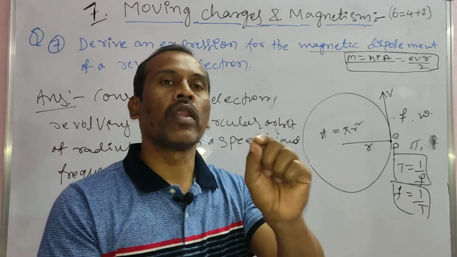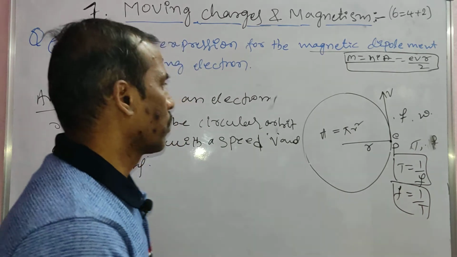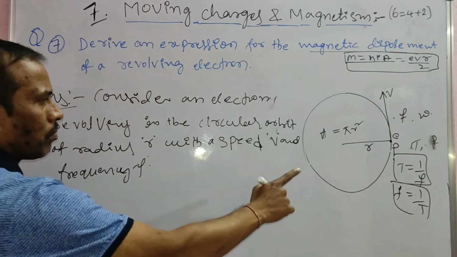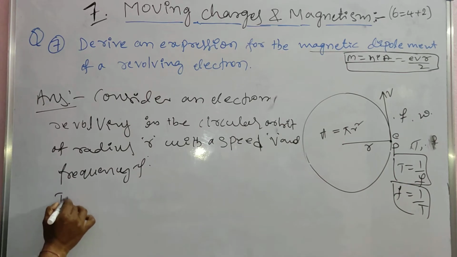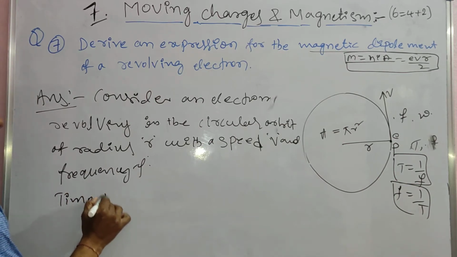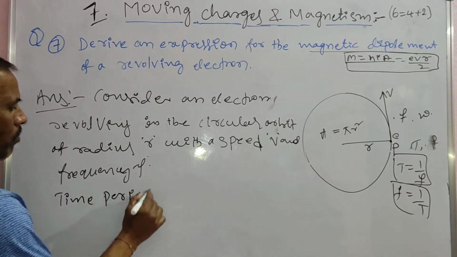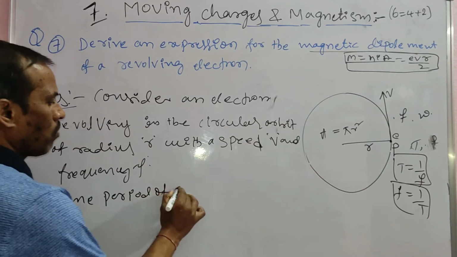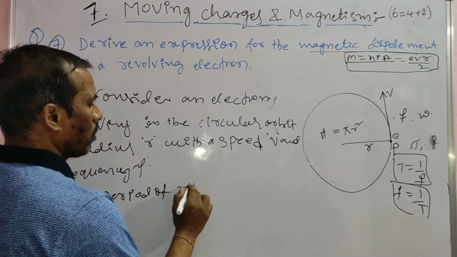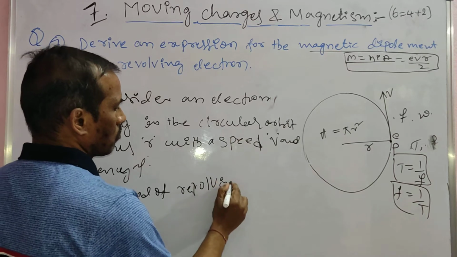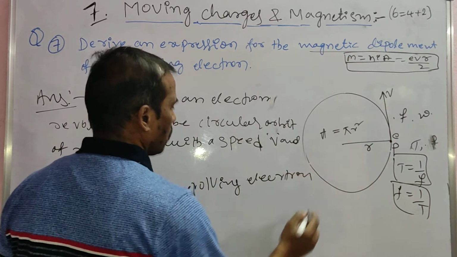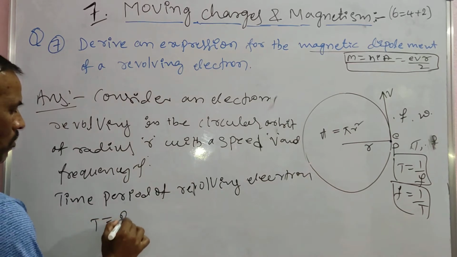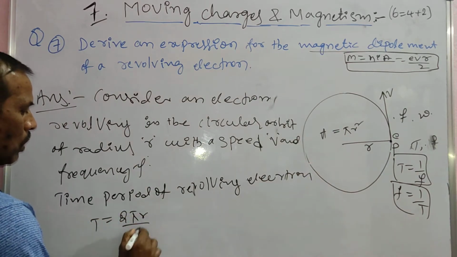Now the time period of the revolving electron is T is equal to 2 pi r by v.